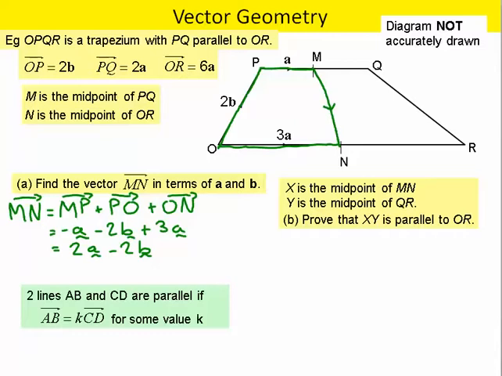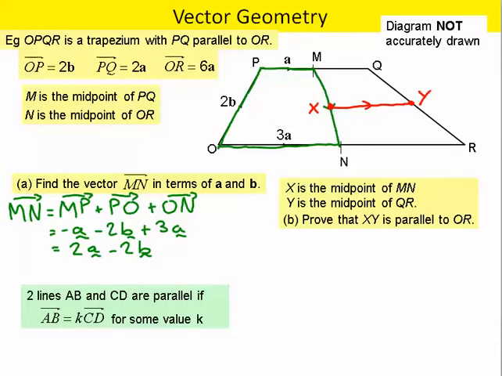Now in the next part, we're told that X is the midpoint of MN. So here we have X, and Y is the midpoint of QR. So over here we have Y. We're asked to prove that XY is parallel to OR.